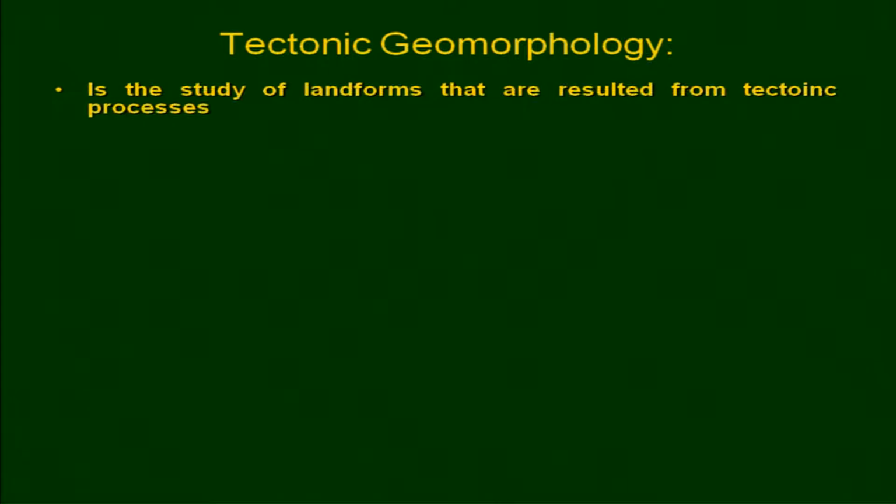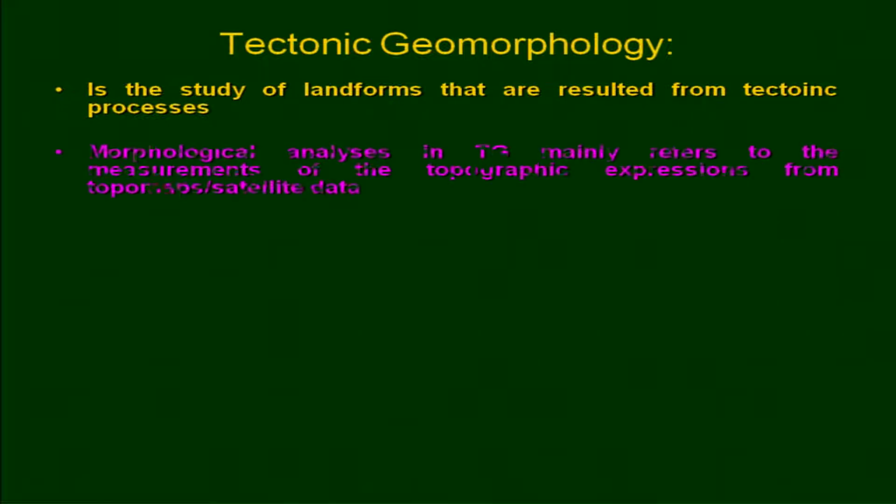Tectonic geomorphology is the study of landforms that result from tectonic processes. Morphological analysis in tectonic geomorphology mainly refers to the measurement of topographic expression from topo maps or satellite data.